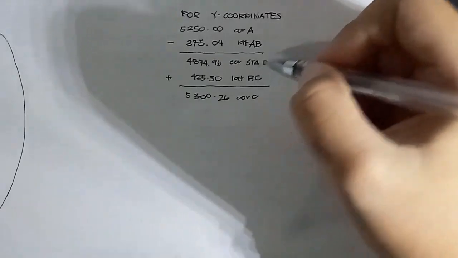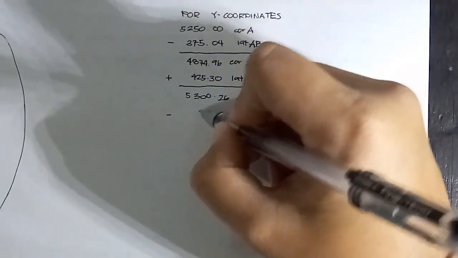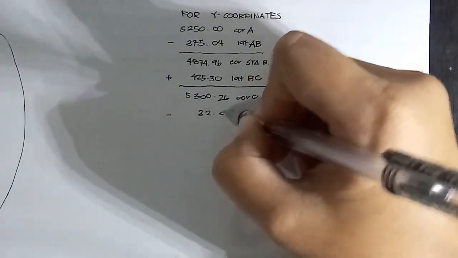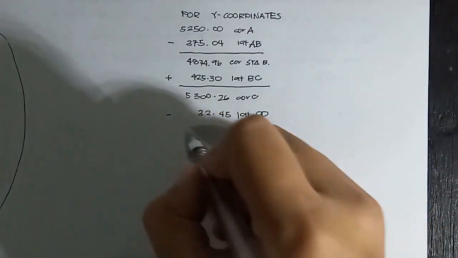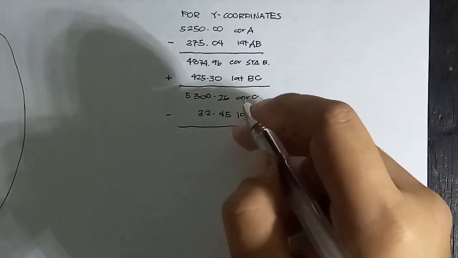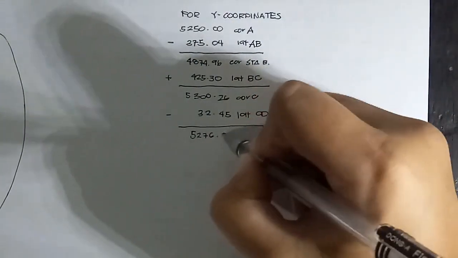So, next nating value is to south naman siya ulit. So, minus. And yung value na yun is 32.45. Latitude ng CD. So, ang kalalabasan niya is 5,276.81.